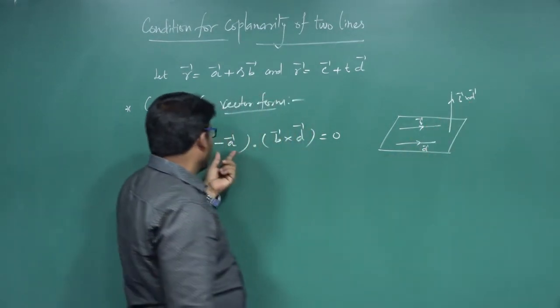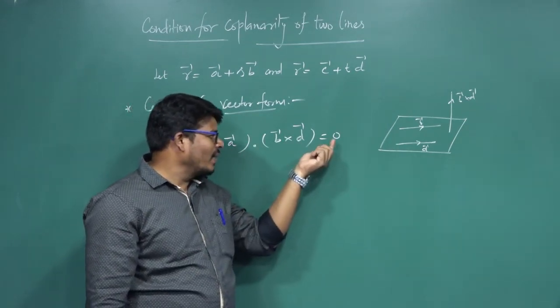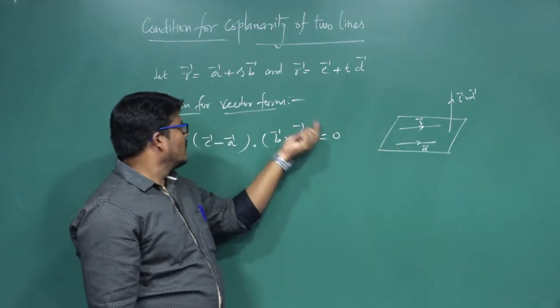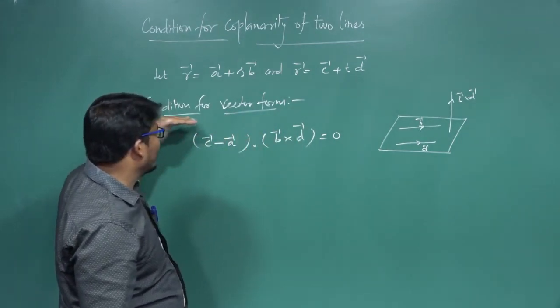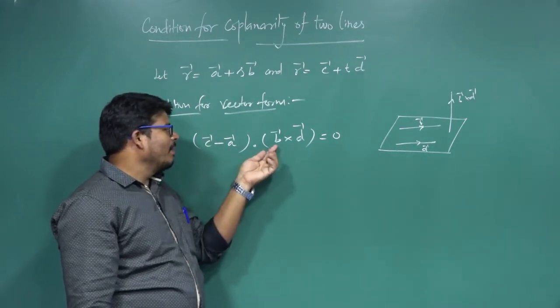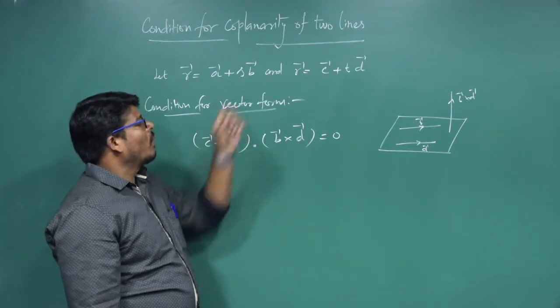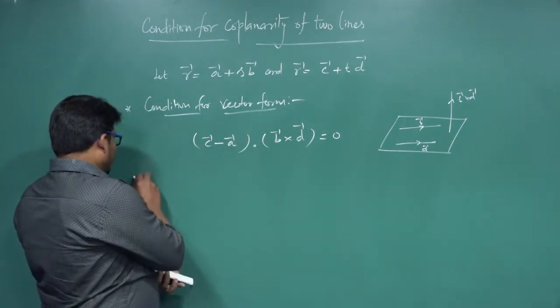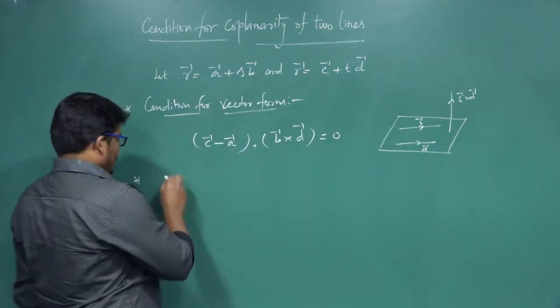Now find c minus a dot b cross d equal to 0 when the 2 lines are coplanar. That is the condition for vector form: c vector minus a vector dot b vector cross d vector equal to 0 when the 2 lines are coplanar.